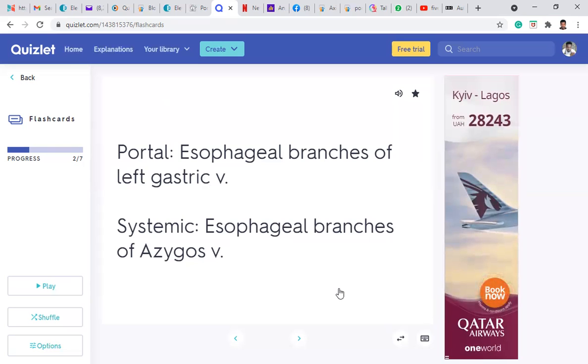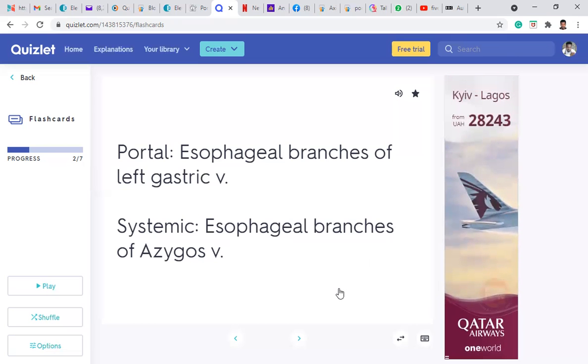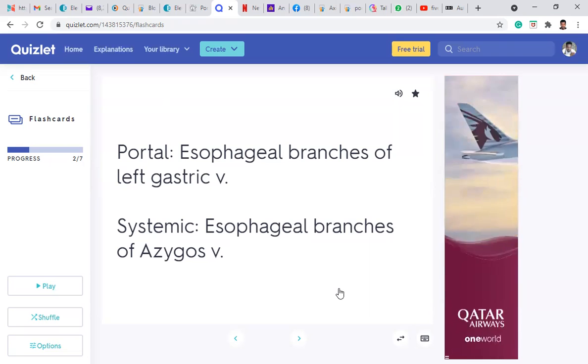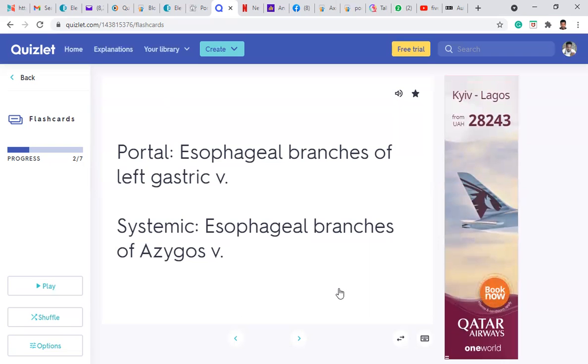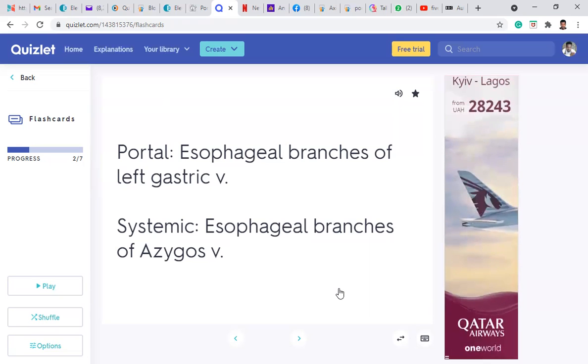Okay. Now, it means that Budd-Chiari syndrome will be a post-hepatic cause or post-sinusoidal cause of portal hypertension. So three main causes of portal hypertension. One is intrahepatic, which is liver cirrhosis.